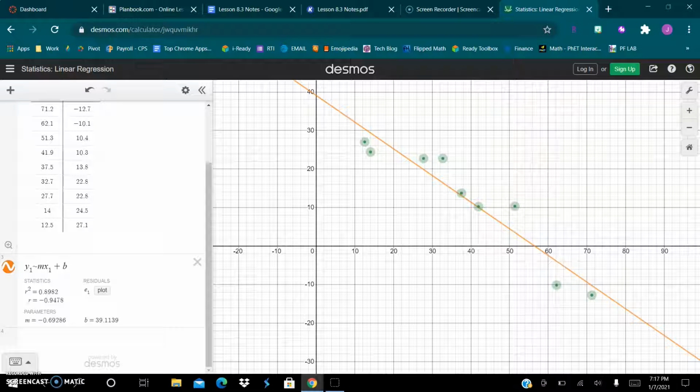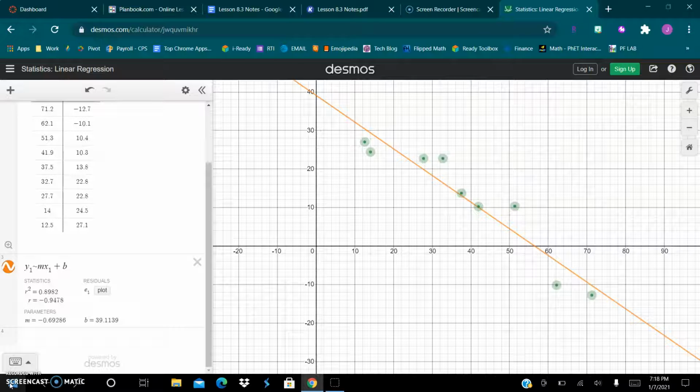Then we have m is negative 0.69286. That's our slope. And b is 39.1139, and that is our y-intercept. So we can use that m and b to write our equation for that line.